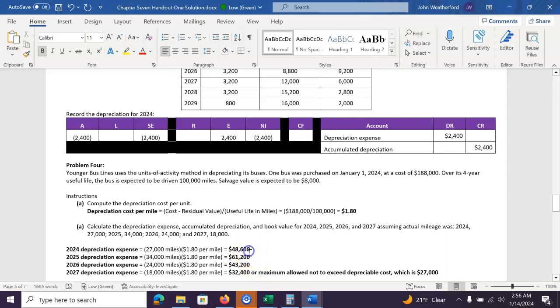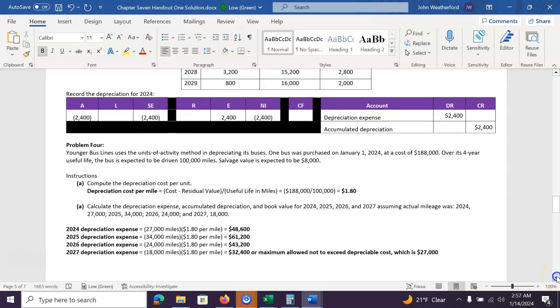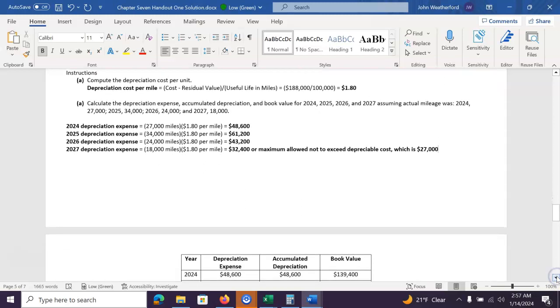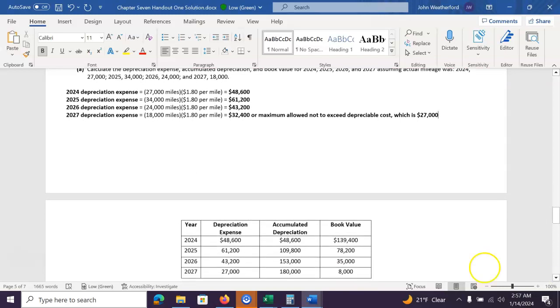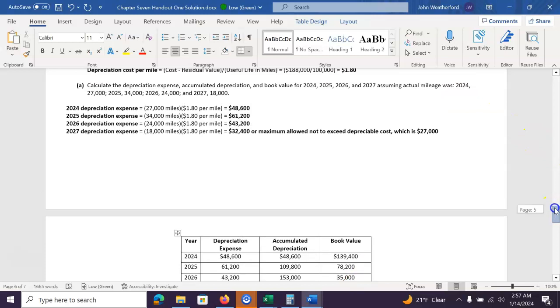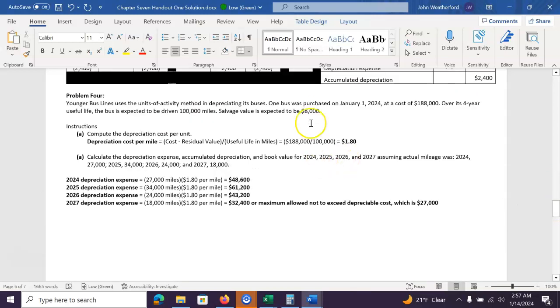Now, if you add these three together and the $27,000, you'll come back to that depreciable cost of $180,000. And here we're just placing these numbers in this chart. You can see that accumulated depreciation totals to our depreciable cost of $180,000, and book value is left at $8,000 at the end of the final year, and that's equal to our salvage value.